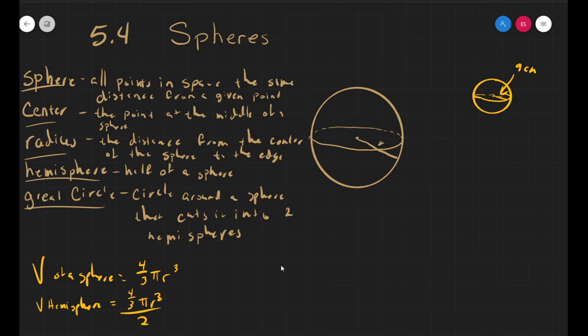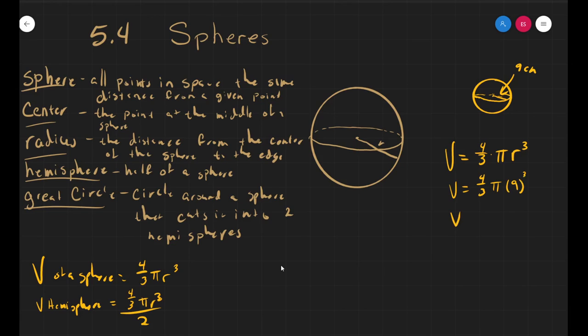So let's use that volume of a sphere formula and calculate that volume out. Volume equals 4 over 3 times pi times the radius cubed. Substituting in what I know, volume equals 4 over 3 times pi times 9 cubed.